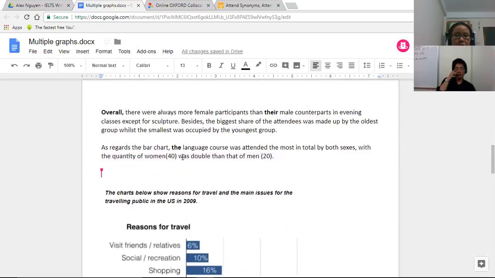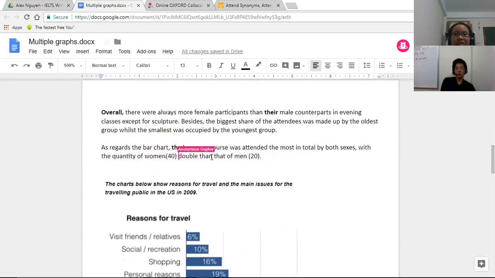Is it similar to mine? But we do not use words here. We use double. And actually we use doubling with the number of female, doubling that of male.